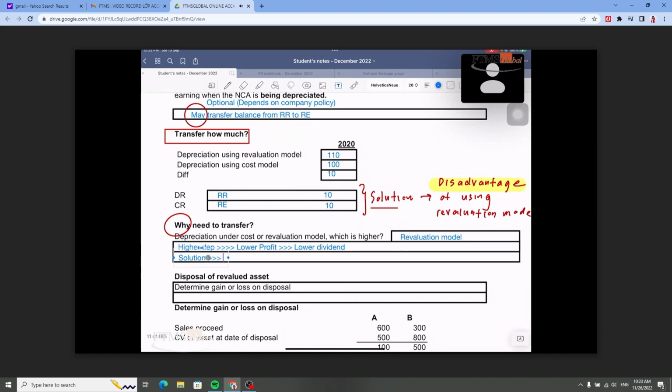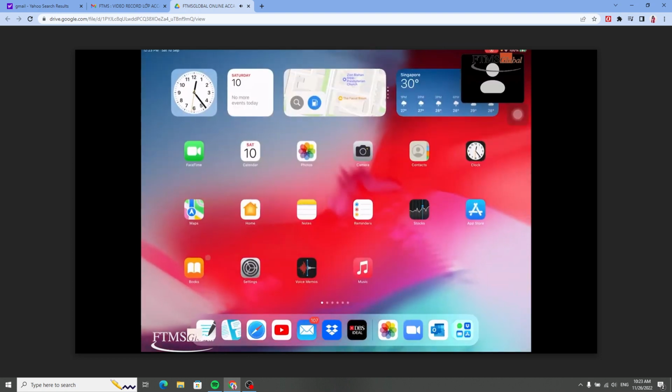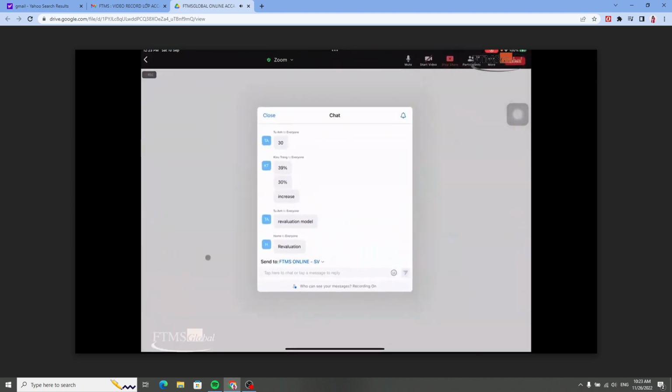So let me ask you one question. Dividend deduct from which account? Any suggestion? Retained earning, correct. Okay, so very simple.